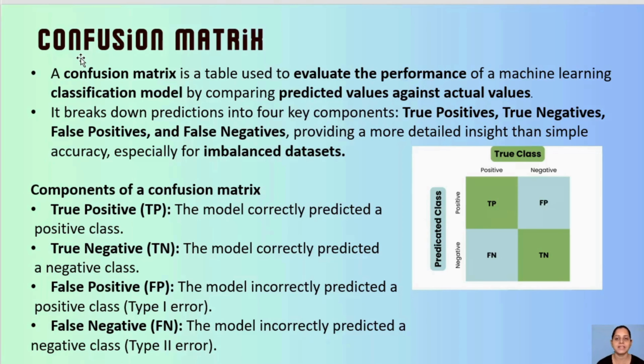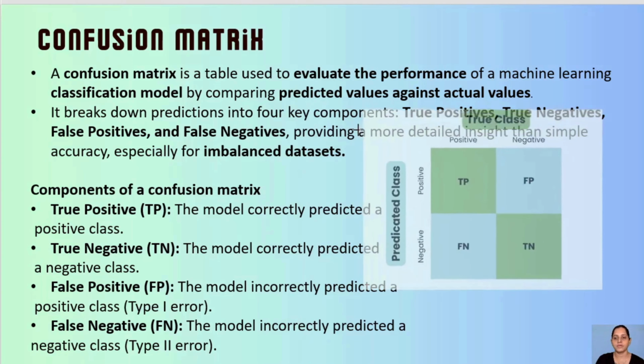Basically, what we are trying to understand is the actual and predicted values, right? And for that, we need to know how many true positives, true negatives, false positives and false negatives are associated. So this is how it is presented.